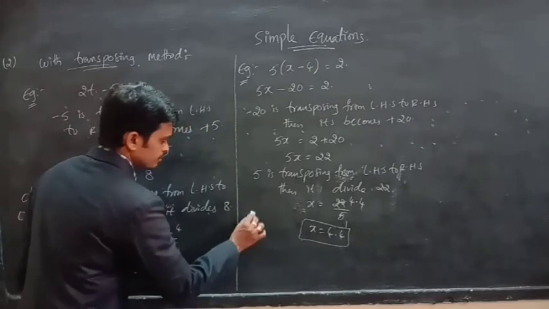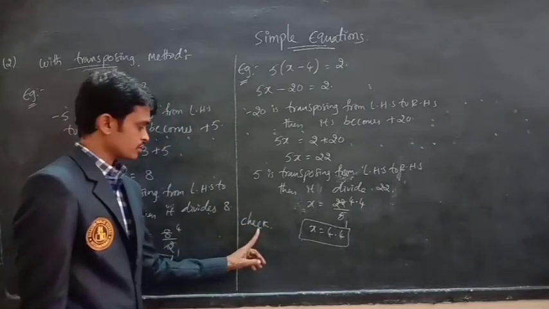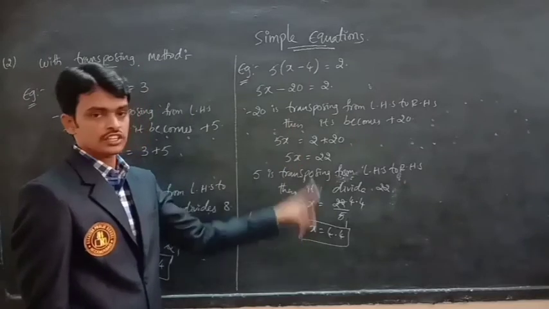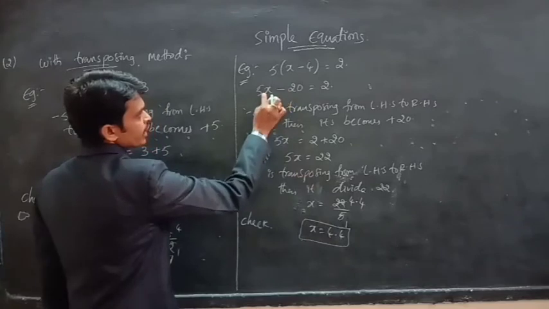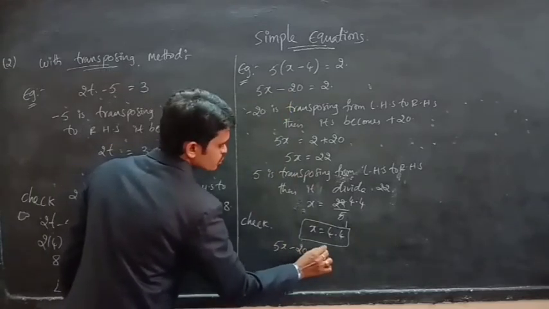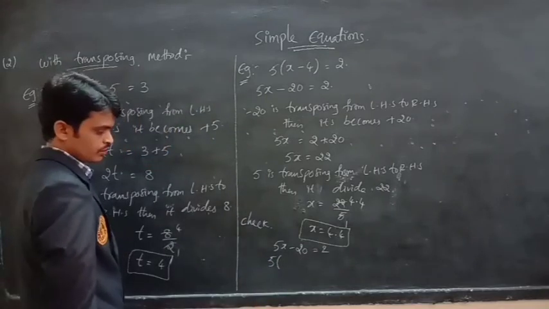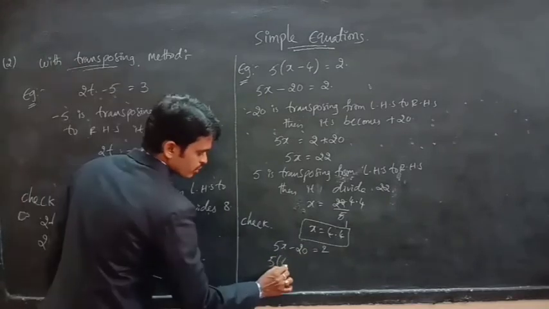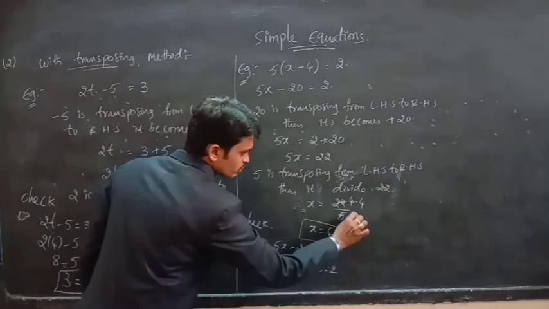Now check. By checking we have to verify the result. See here, x value is 4.4. So take 5x minus 20 is equals to 2. So 5 into the x value 4.4, minus 20 is equals to 2.